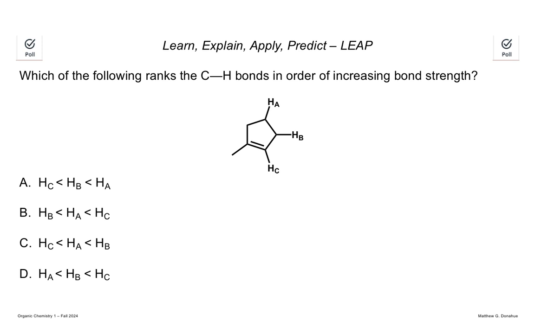And so we have 1-methylcyclopentene, and I've identified three explicit hydrogens, A, B, and C. And it says order them according to increasing bond strength.